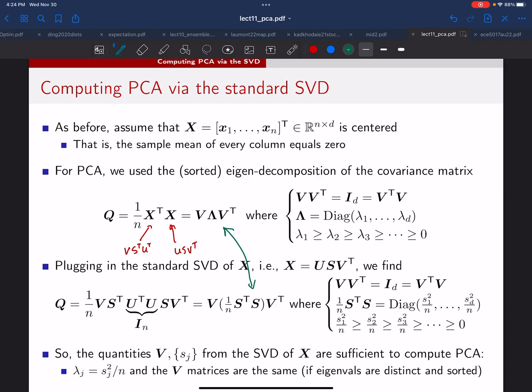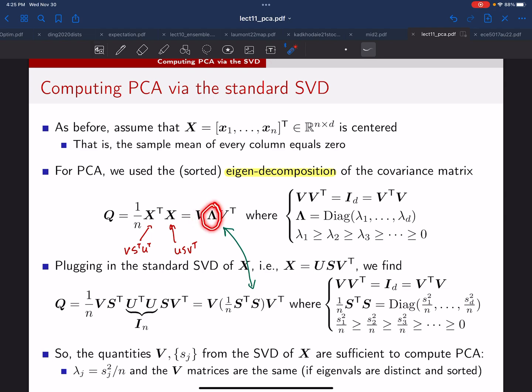Because we remember that in the eigendecomposition, we had orthogonality, so V is an orthogonal matrix, but we also know that down here in our standard SVD, V is an orthogonal matrix. So actually the V for SVD is exactly the same as the V for the eigendecomposition.